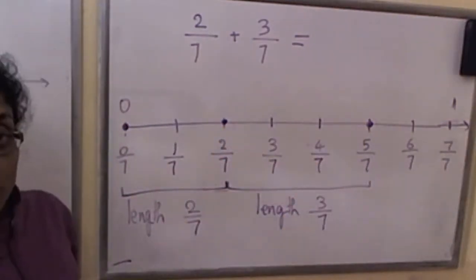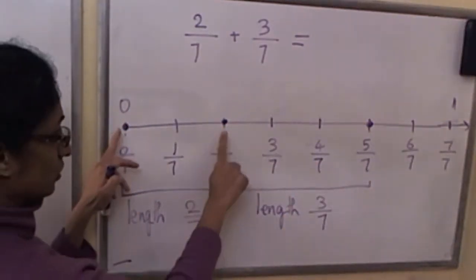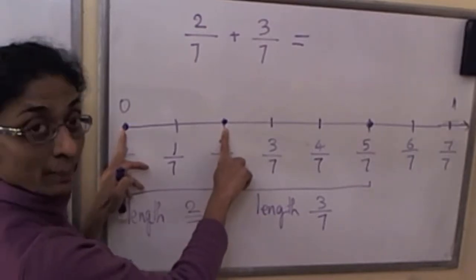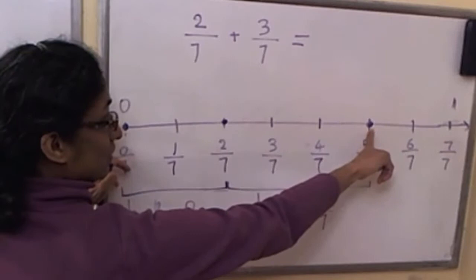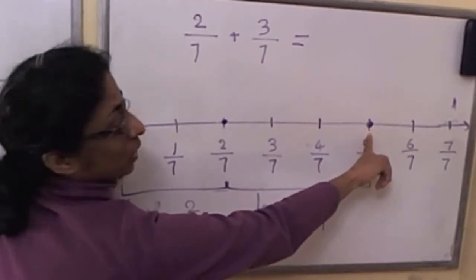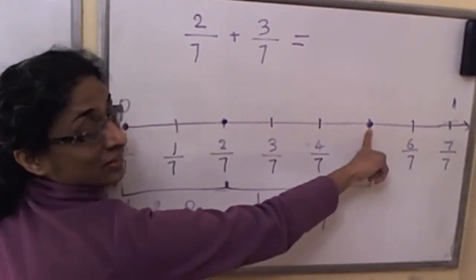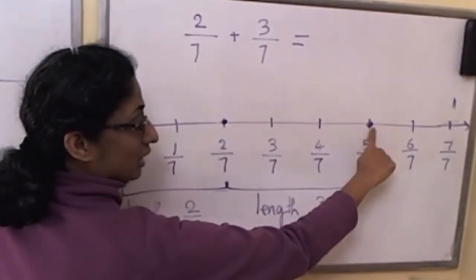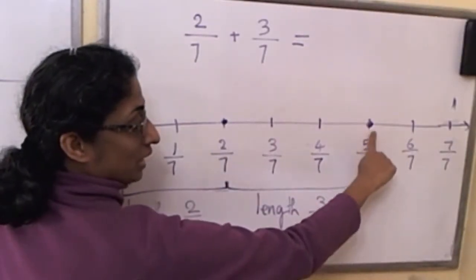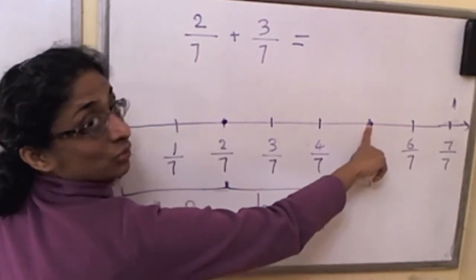If we do that, what do we get? We get this first segment put together end to end with this segment. So that means we get this long segment. What is its length? Well, it starts at 0 and ends at this point, and that point is 5 over 7, and that 5 over 7 is also the length of this segment.